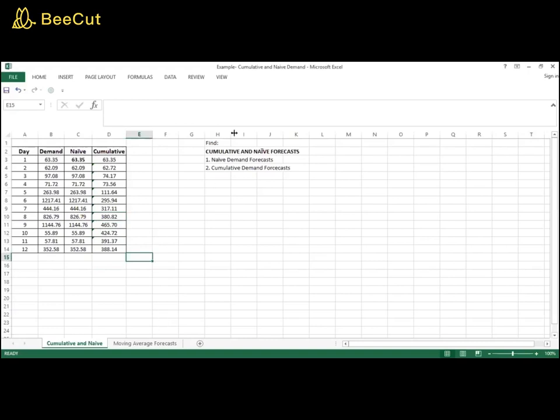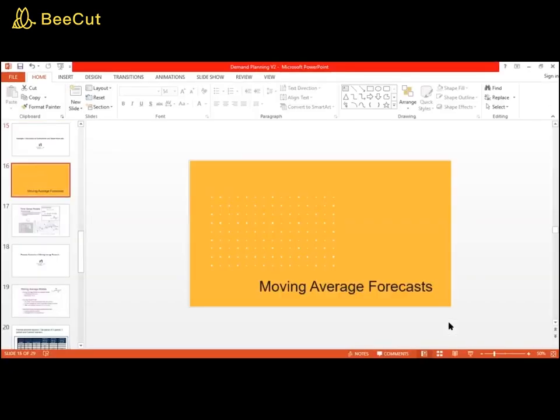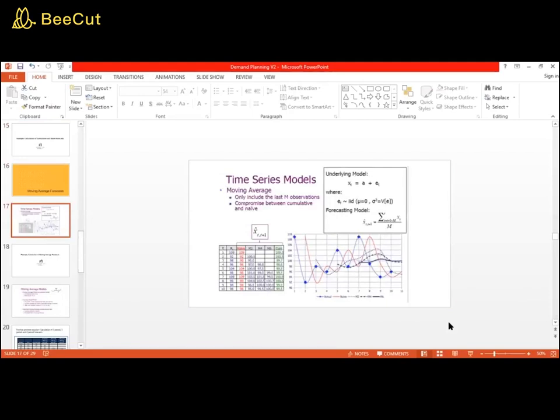Now, after that, I'm going to go back and discuss moving average with you, because that is also another way of doing forecasting, and it's very important for you to know how to do moving average forecasting as well. So in moving average forecasts, you include the last M observations.